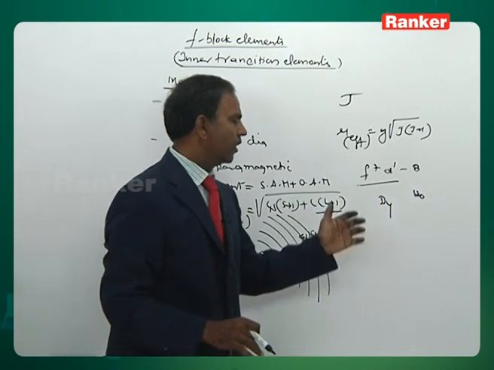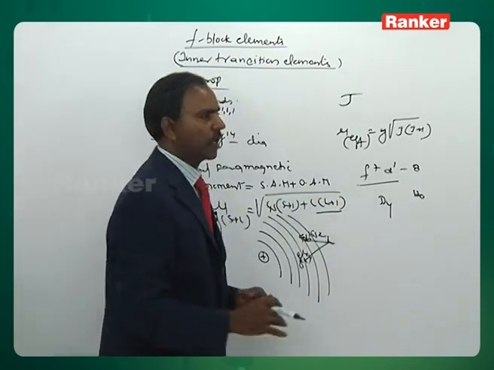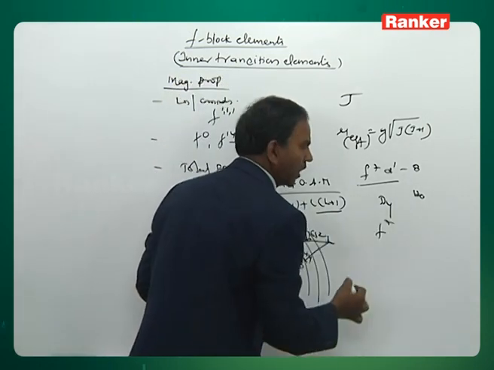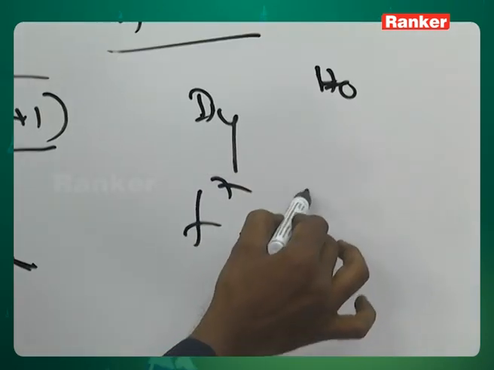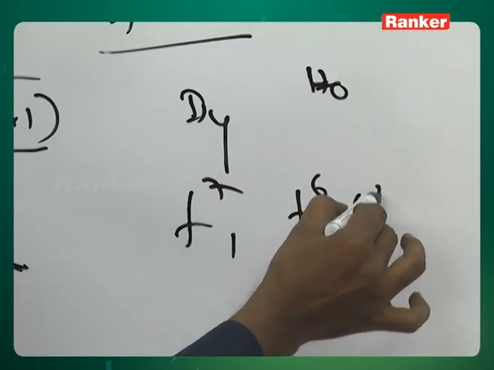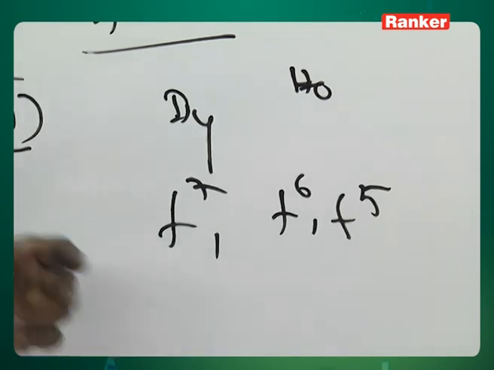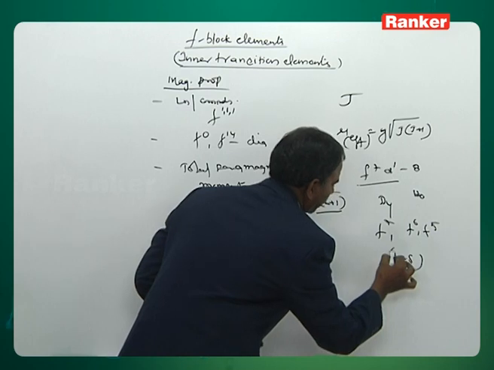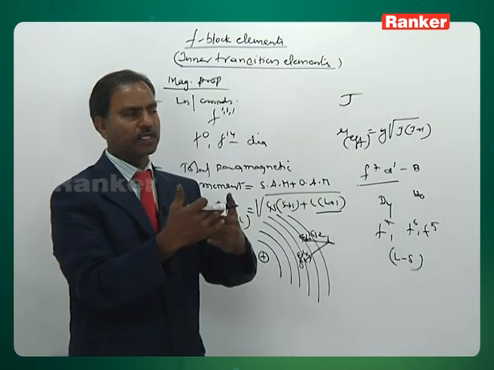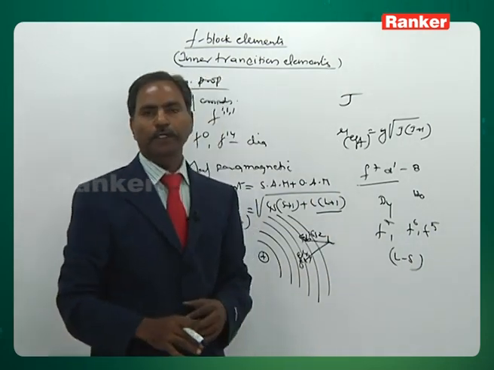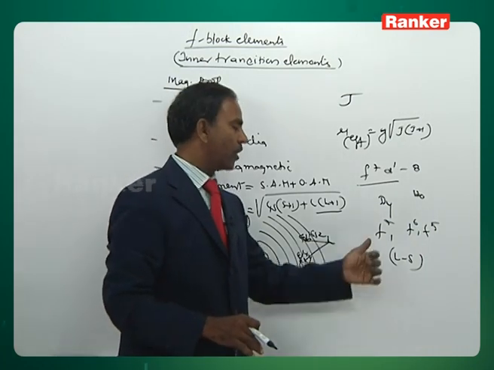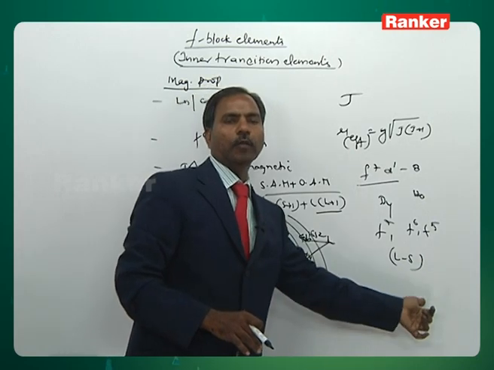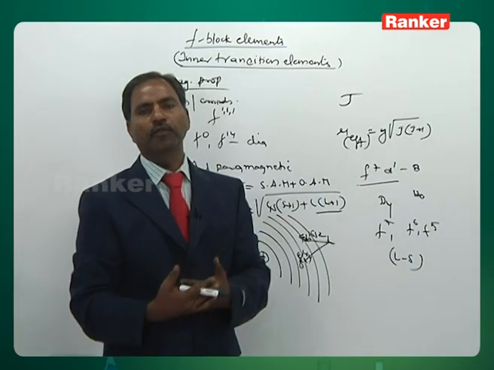Next, whenever the f subshell is half filled or less than half filled, like f6 and f5, then the spin angular momentum and orbital angular momentum are working in opposite directions.